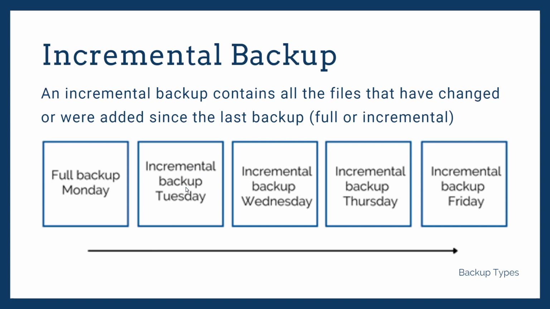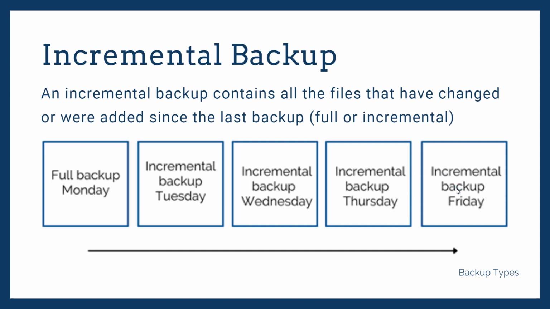Then it has to restore the changes between Tuesday and Wednesday, which means it has to get Wednesday's incremental. Then it has to restore the changes between Wednesday and Thursday. You get Thursday's incremental backup, restore from that. And then it has to restore the changes between Thursday and Friday.